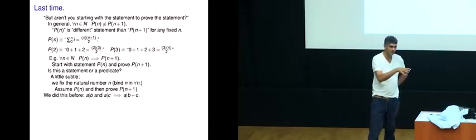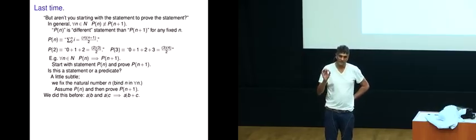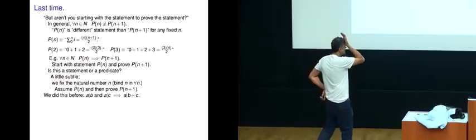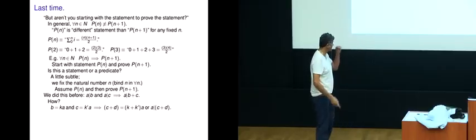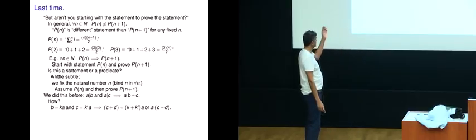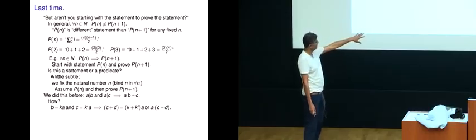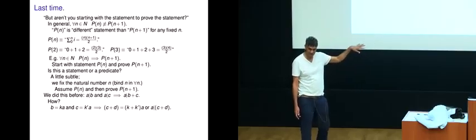When we prove P of n implies P of n plus 1, n is a variable representing a natural number. So when we make our argument, we have to use arguments that work for any natural number. We did this before with A divides B and A divides C implies A divides B plus C. The proof was that both B and C are multiples of A, you add them up, and therefore you get a multiple of A. It didn't matter which natural numbers I used there.